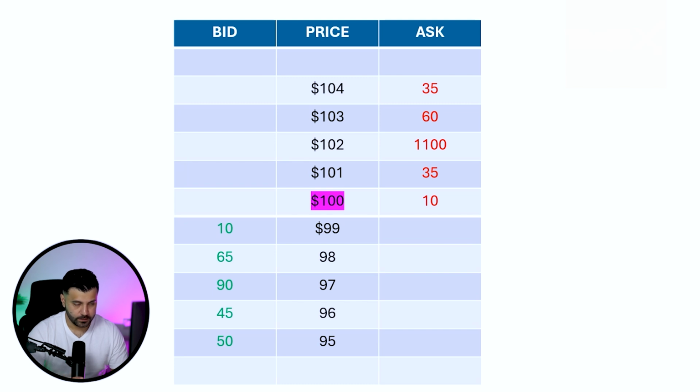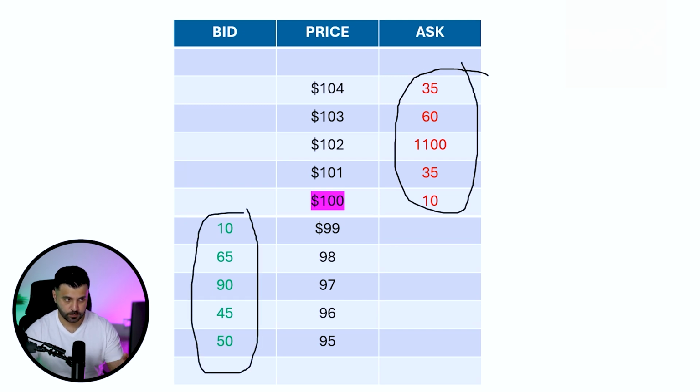It's a great tool. It can give you an idea of how strong either the sell side or the buy side is. Some beginners would come in and look at this and say, okay, we have 1,100 contracts at this price.